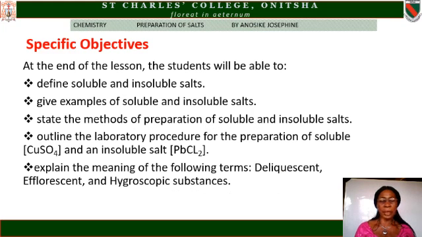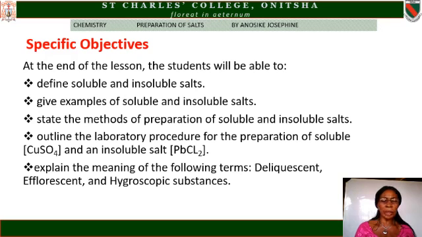Specific objectives of the lesson. This means that these are the areas we are going to discuss today, so that at the end of the lesson, the students will be able to: 1. Define soluble and insoluble salts. 2. Give examples of soluble and insoluble salts. 3. State the methods of preparation of soluble and insoluble salts. 4.